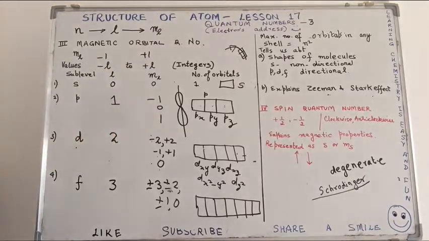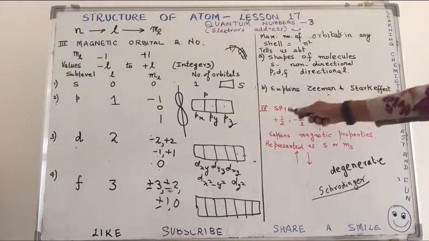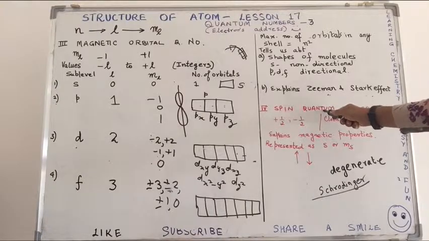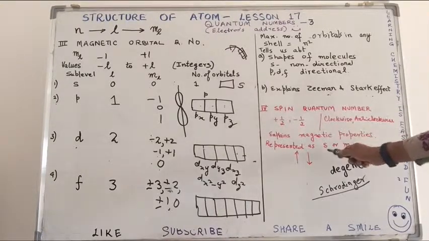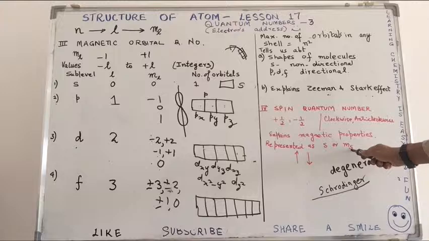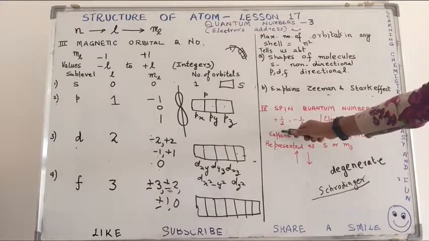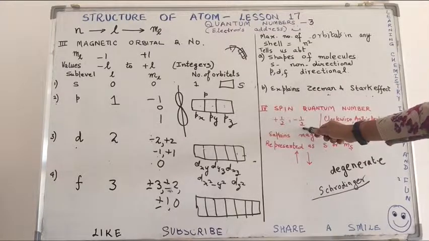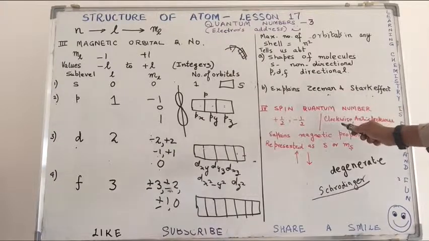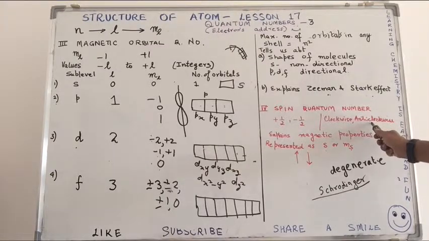So they introduced another quantum number to define it, and it is called the spin quantum number. It is denoted by s or ms. Its values are very simple, plus half and minus half, saying that the spin can be clockwise or anti-clockwise. Again, it is not that plus half corresponds to clockwise and minus half to anti-clockwise. It can be either way.